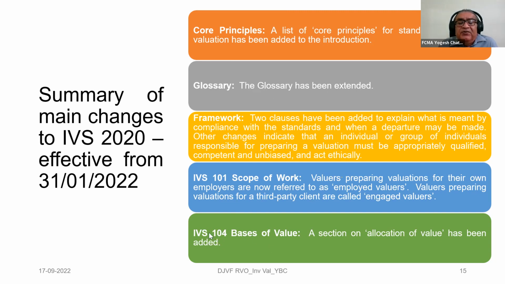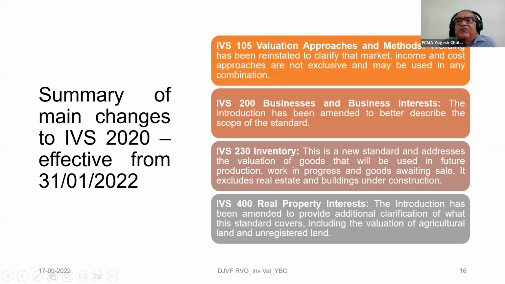Then basis of value, again a general standard, IVS 104. A section on allocation of value has been added. Then we have IVS 105, on valuation approaches and methods. Their wording has been reinstated to clarify that market, income and cost approaches are not exclusive and may be used in any combination.